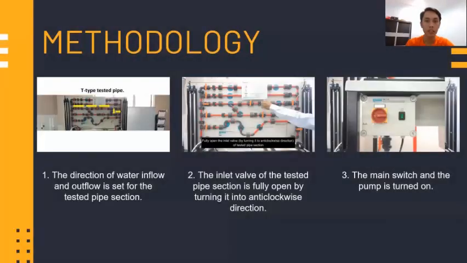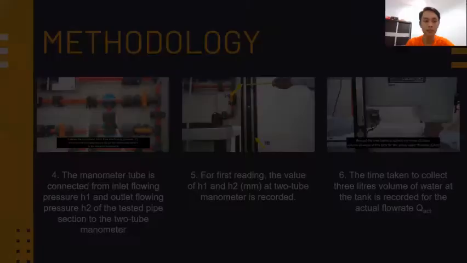As for the methodology, the first step is that the direction of the water inflow and outflow is set for the tested pipe section. The second, the inlet valve of the tested pipe section is fully opened by turning it in the anti-clockwise direction. The third, the main switch and the pump are turned on.